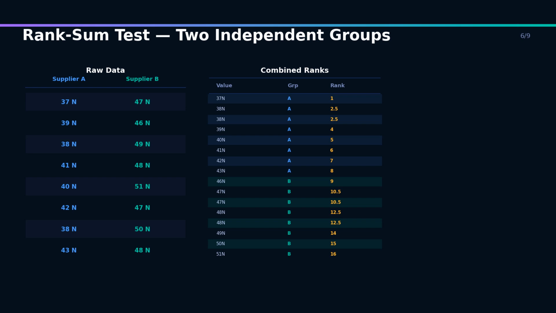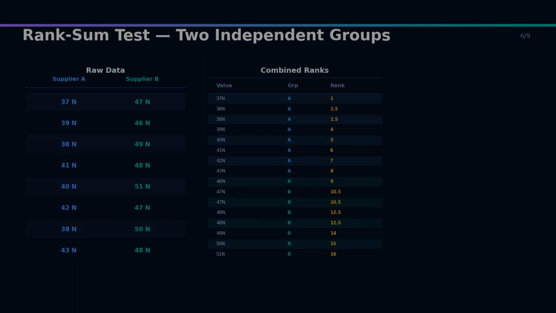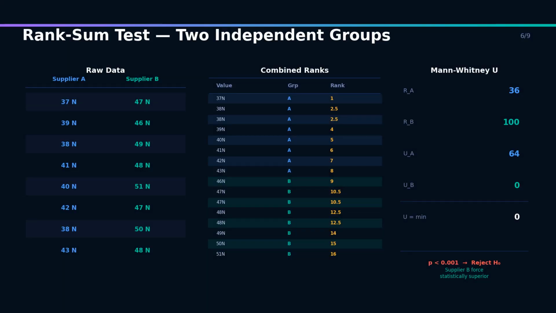If the two groups perform similarly, both rank sums will be roughly equal. If one group consistently produces higher values, its rank sum will be much larger. The Mann-Whitney U statistic formalizes this logic, and the p-value tells you whether the separation in ranks is statistically significant without a single normality assumption.